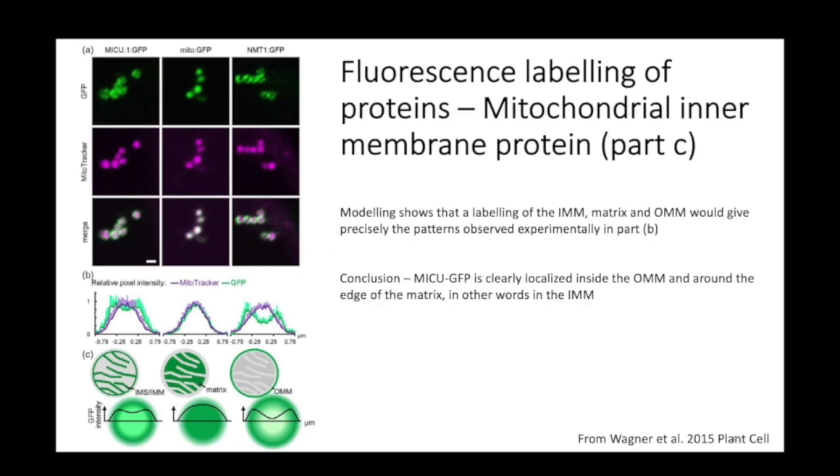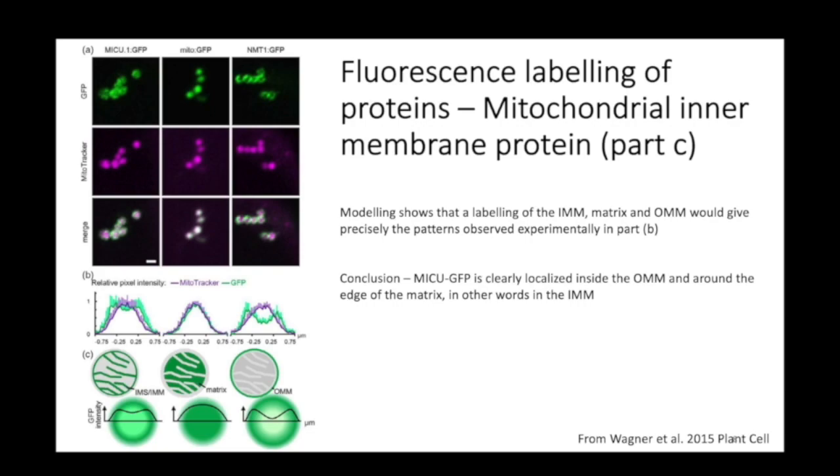So now we look at part C. Modeling shows that the labeling of the inner mitochondrial membrane, the matrix, and the outer mitochondrial membrane would give precisely the patterns observed experimentally in part B. On the left, you see a two-peak pattern. In the middle, you see a bell shape.